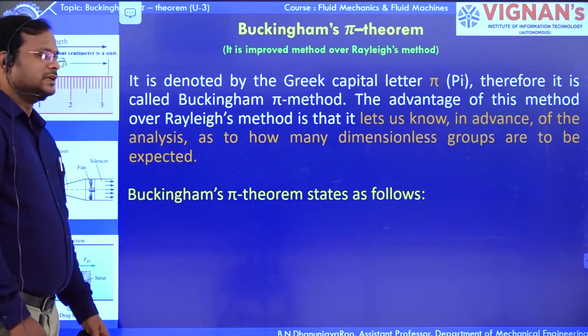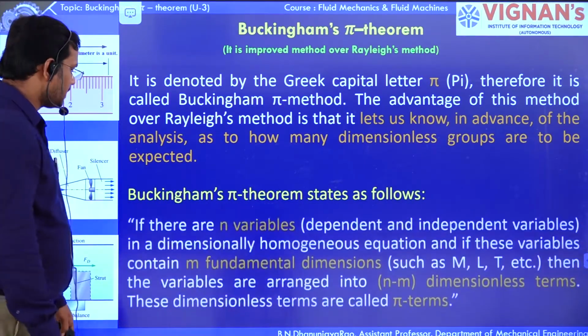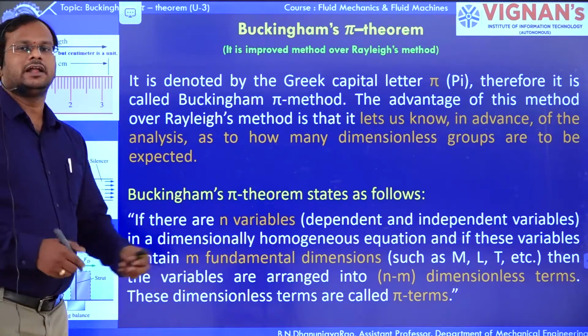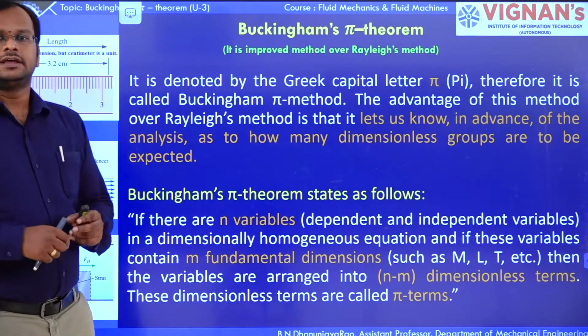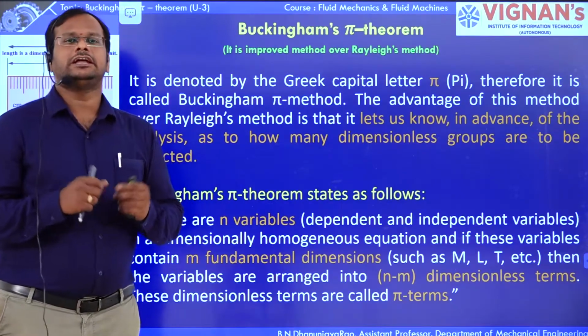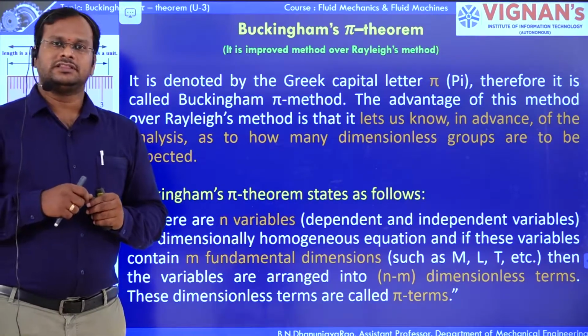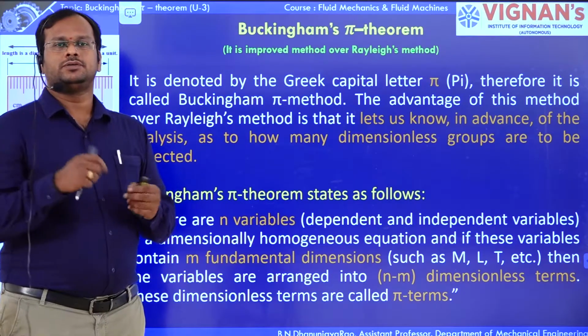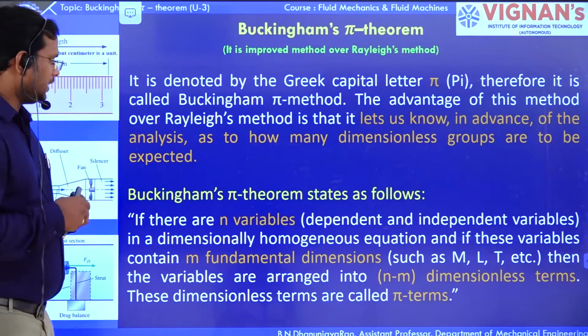Buckingham's pi theorem states as follows. If there are n variables, suppose F equals m a, in that equation there are 3 variables, so here n is equal to 3.